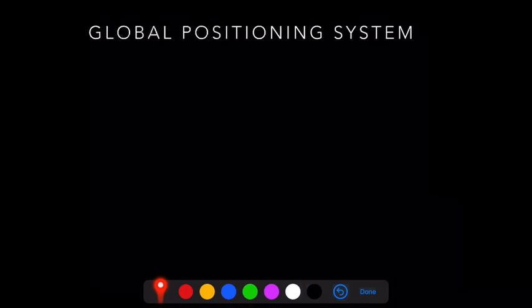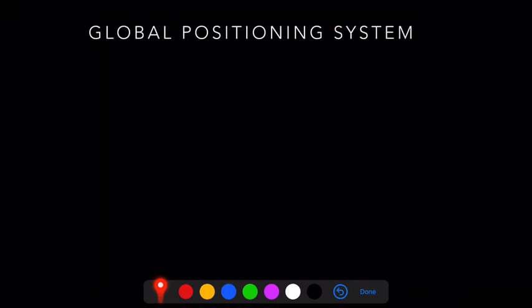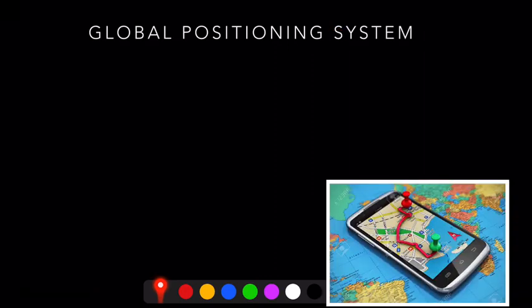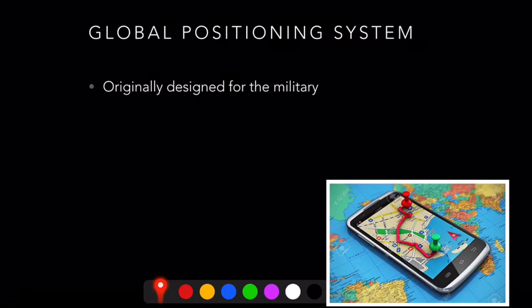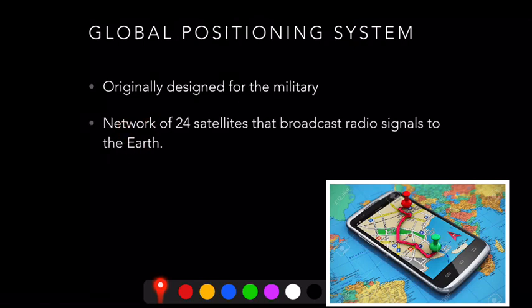Then we have something called the Global Positioning System. Have you heard about it? I believe that yes. Global Positioning System, as the initials say here, is GPS. It was originally designed for the military, and it's a network of 24 satellites that broadcast radio signals to the Earth, okay? And gives you an exact location of anything.